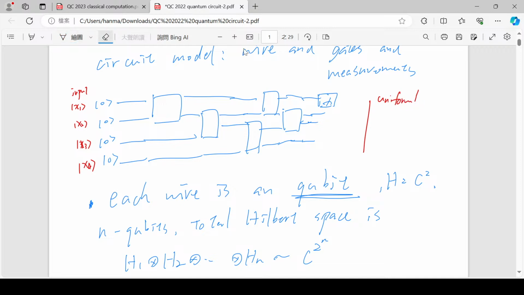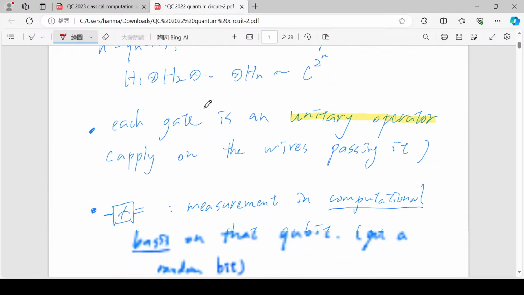You want your quantum circuit to be uniform, which means the circuit description is generated by a classical Turing machine, because it's a bit weird to define a quantum Turing machine. So that's uniformity. Anyway, that's the definition of a quantum circuit.